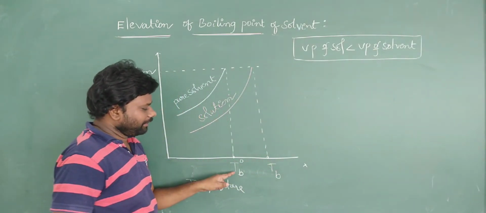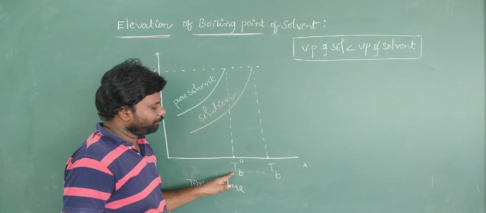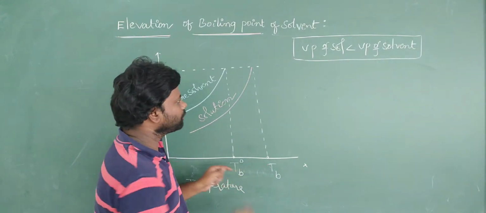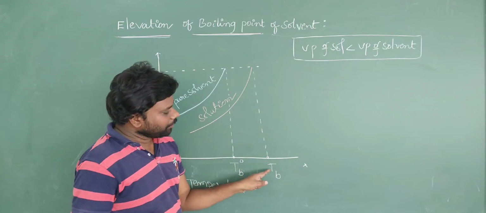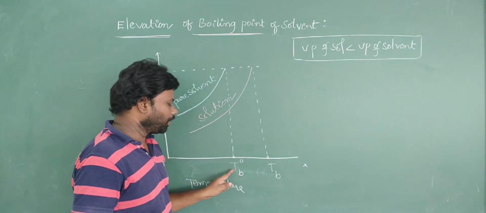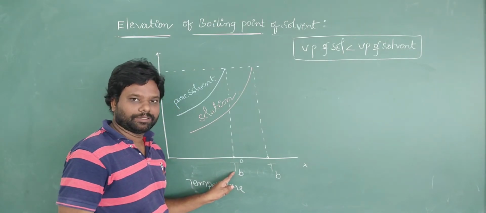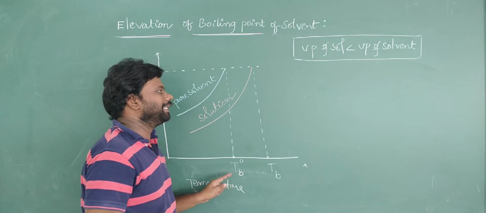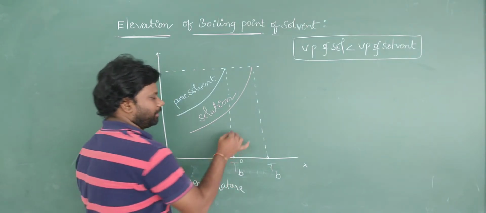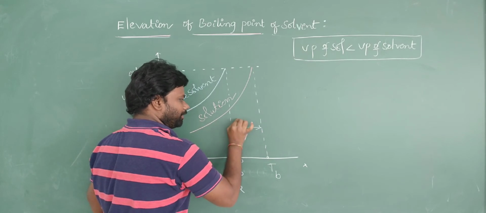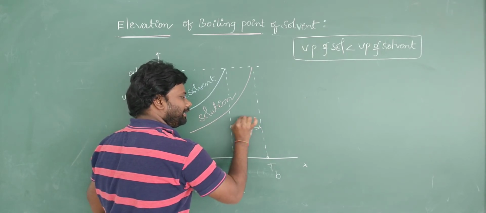Here T naught B indicates the boiling point of the pure solvent, and TB indicates the boiling point of the solution. We observe from this graph that the boiling point of the solution is always greater than the boiling point of the pure solvent. That means the increase of boiling point is nothing but elevation of the boiling point, denoted by delta TB.